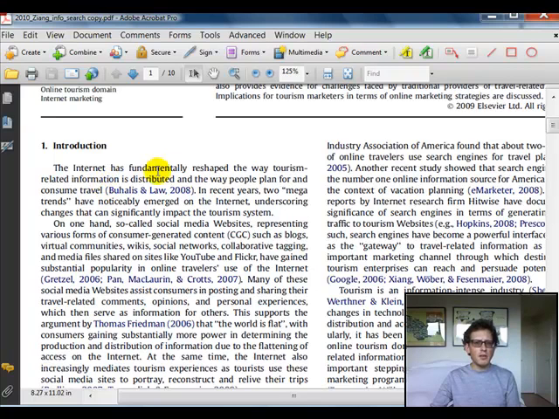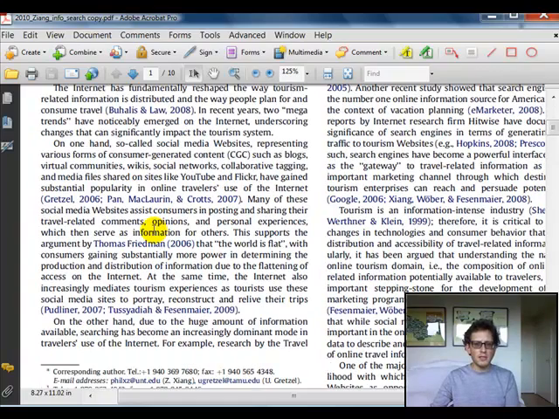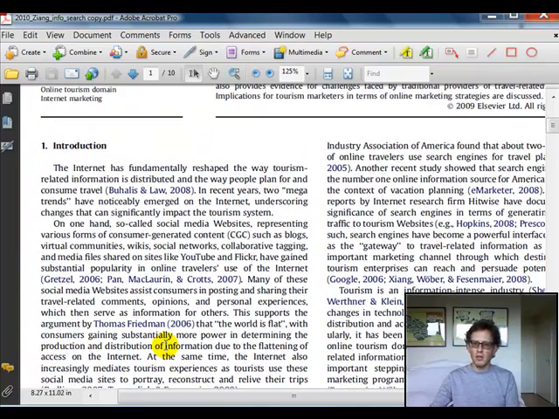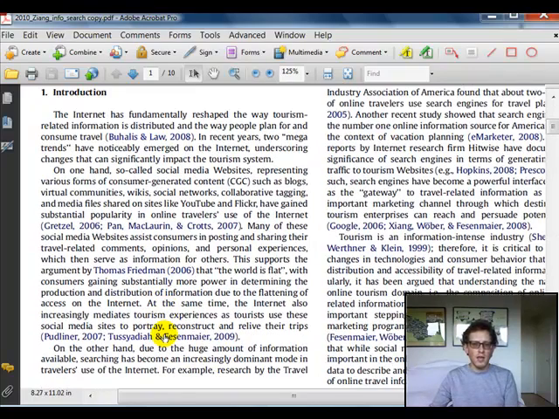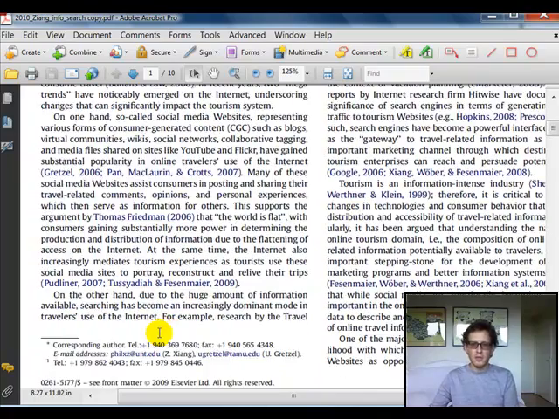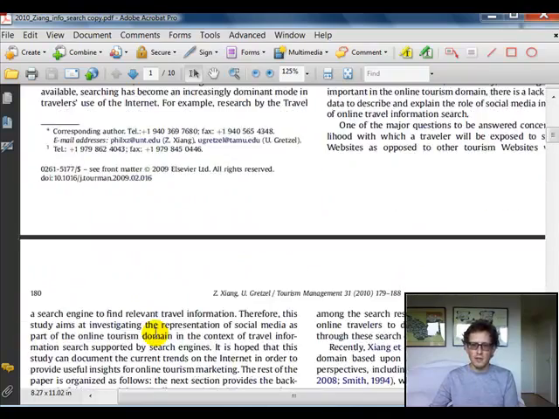Well, the internet has fundamentally reshaped everything, and there are 2 mega trends that have emerged on the internet: social media websites, and searching has become an increasingly dominant mode in travelers' use of the internet. So, we're talking about searching and social media. Everyone's doing that nowadays, so it's an important topic. Okay, we are convinced.